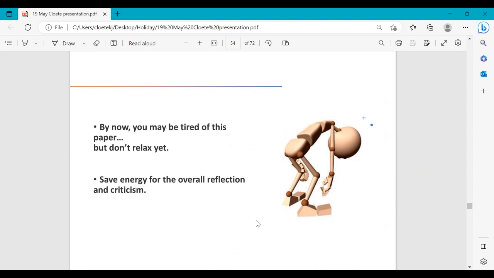Now, by now, you may be tired because you've read such a lot of papers and there's such a lot of information in this. Don't stress, just relax a bit, take a bit of rest, and then you can go back to the paper. Remember what we talked about, the first reading phase, the second reading phase, and the third reading phase. You can do that in one run. Or, for example, in week one, you can just scan through a bunch of papers. In the second week, you can go through them in a bit more detail.